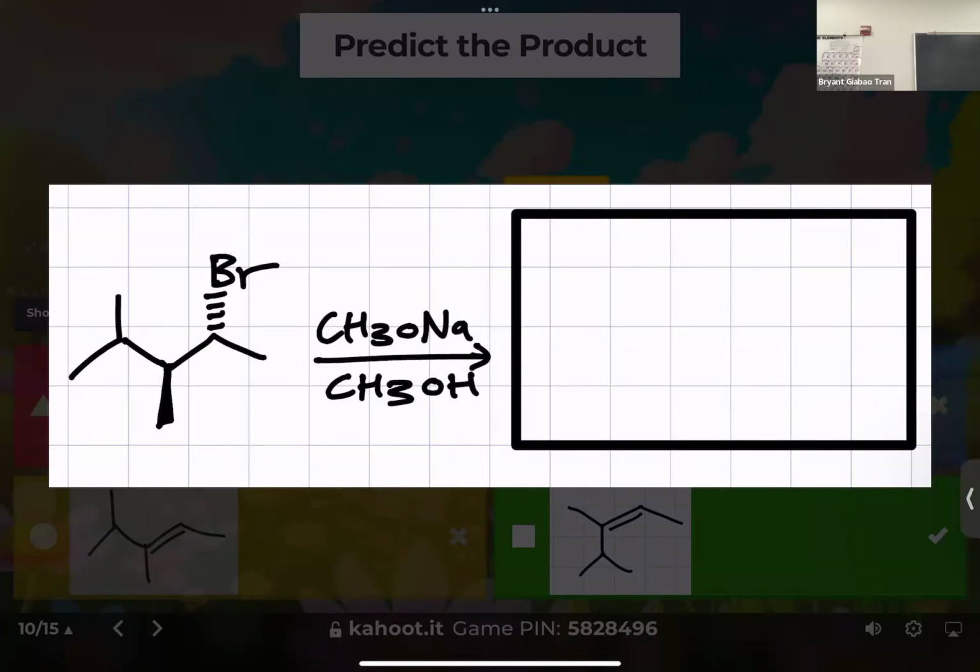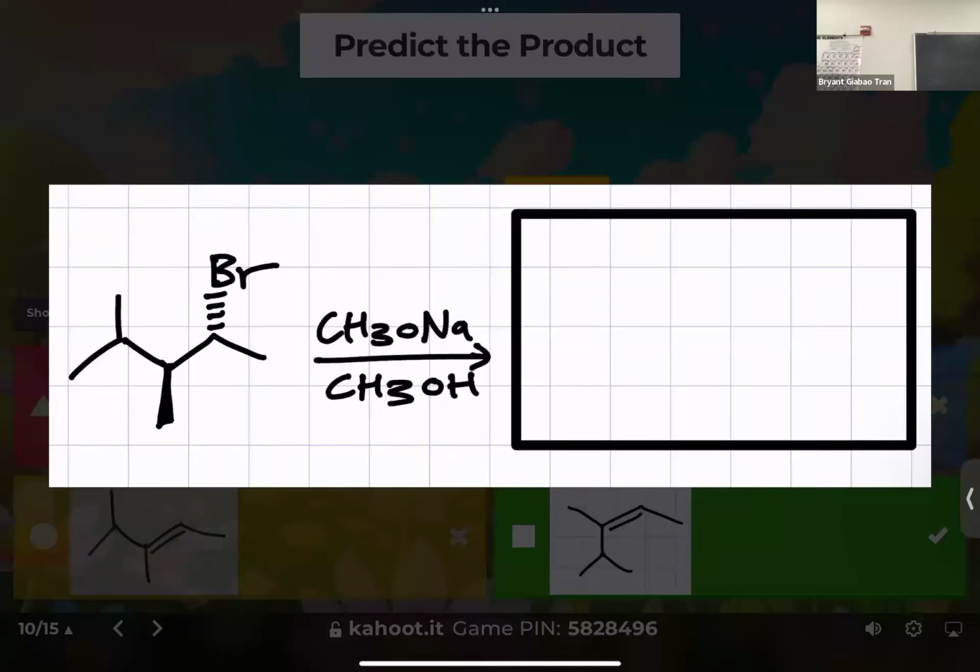But this hydrogen here is not anti to the leaving group because they are both dashes. So a shortcut here is that we could just do it incorrectly first. Grab that, make a double bond on there, take that out. Get the wrong answer first, which is this. This is the wrong answer because that was not anti to the leaving group.